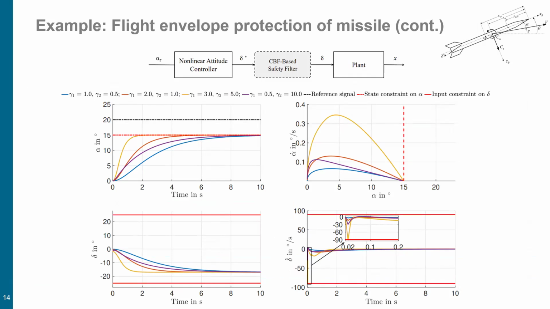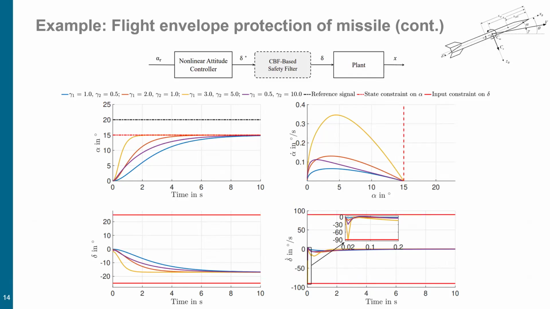Gamma 1, gamma 2. And here in this case, I just try to show that no matter how much you change them, as long as they don't violate your input constraints, all of them are valid. But they will change how the system behaves.